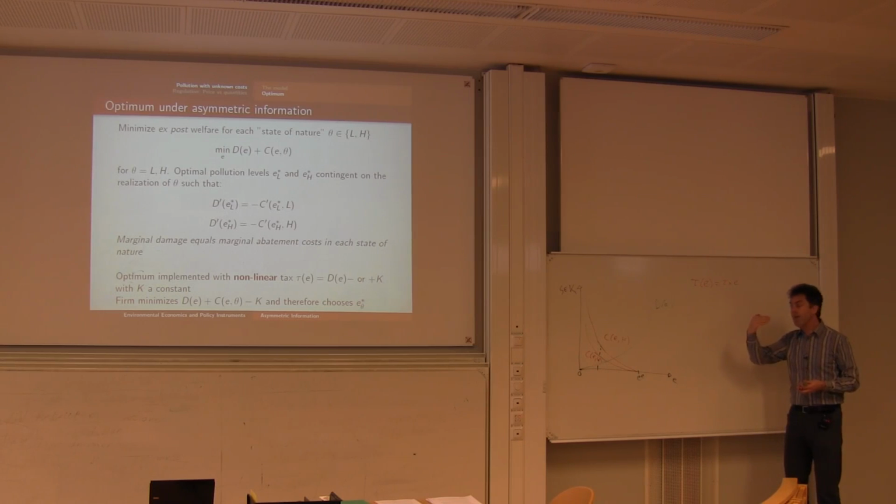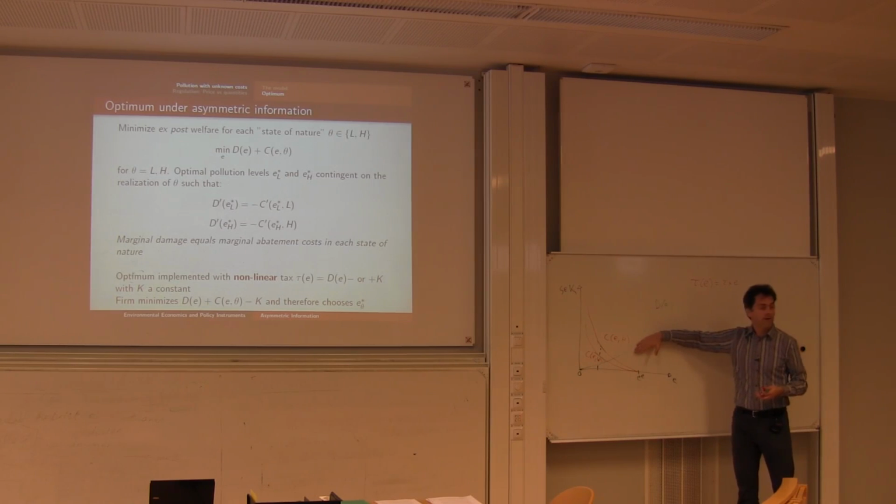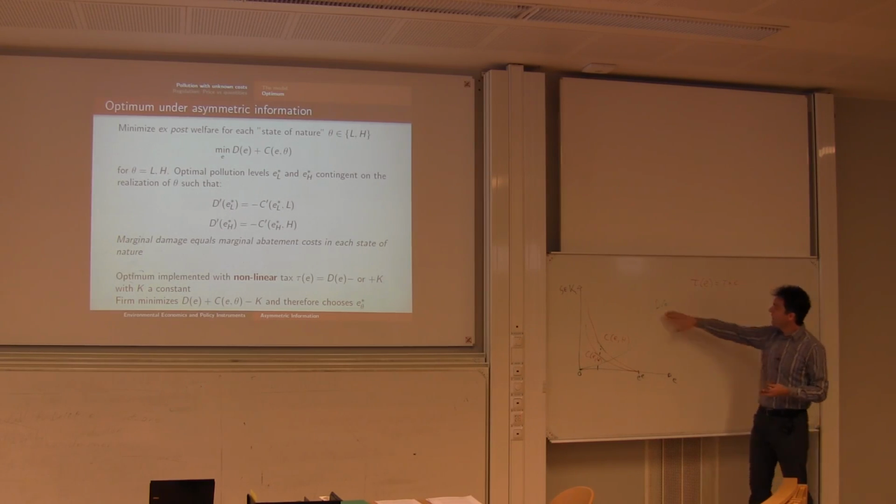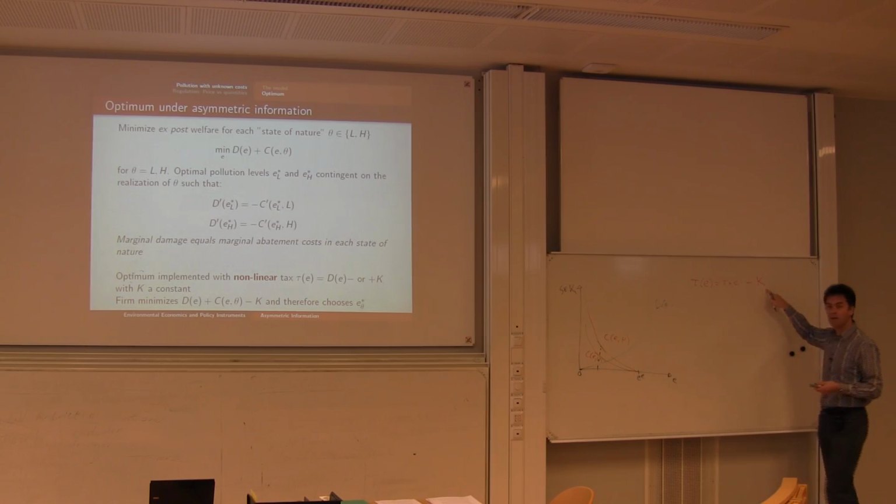Again, the idea here is that the firm realizes the social cost of its own action, the fact that the firm is emitting. So you want to match this damage, so you make the firm pay for the damage. And then you can add some constants. So, for instance, you can get some reduced fee.